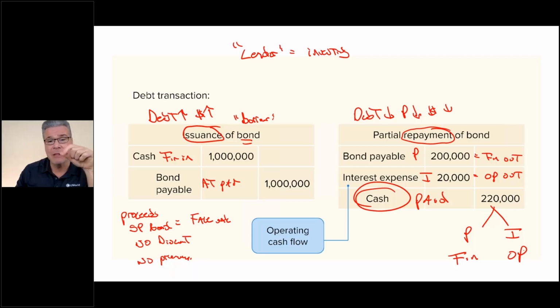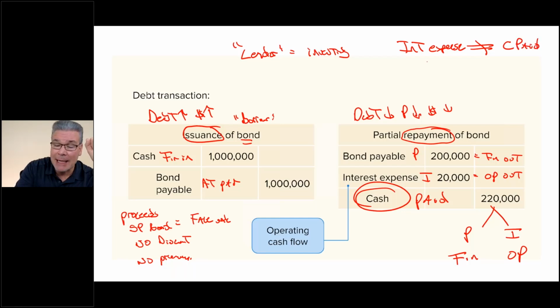Be careful as well with the interest. Interest expense is not the same thing as coupon paid. Interest expense goes on the income statement. Coupon paid is what goes on the statement of cash flows.